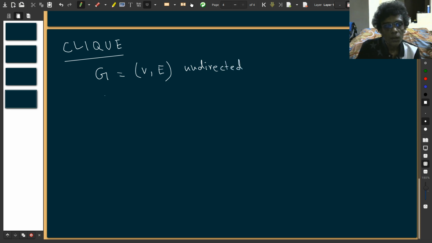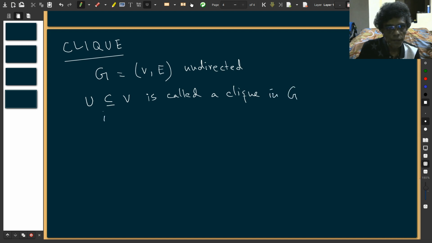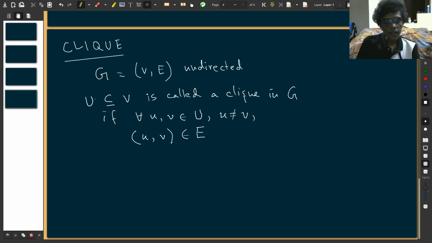A subset U of V is called a clique in G if for all u, v in U, u not equal to v, the edge (u, v) belongs to E. So the edges of U form a complete graph inside G. Okay. Then we call this U a clique.